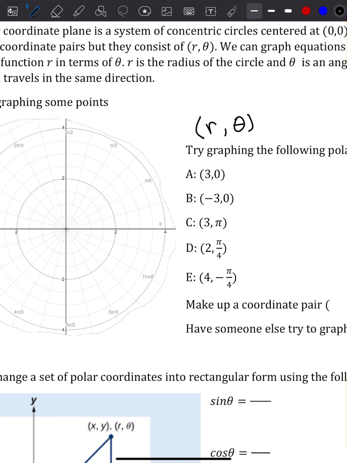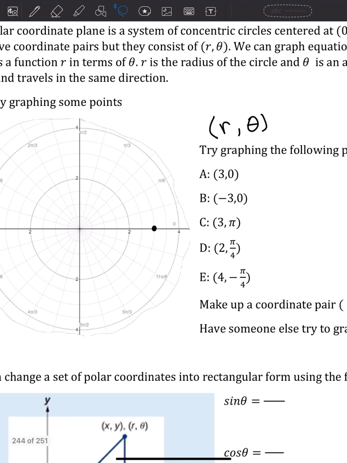So if I have a radius of 3 and it's positive, I'm going to start at 0, 0, and then go 3 units in this direction. So if I look here, here's 2, 3 is going to be here. So a radius of 3 is right here, and if I needed to move around our circle, this would be our angle. But because it's (3, 0), that's where we're at.